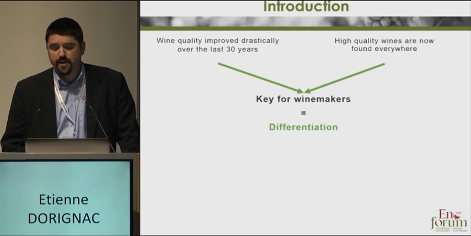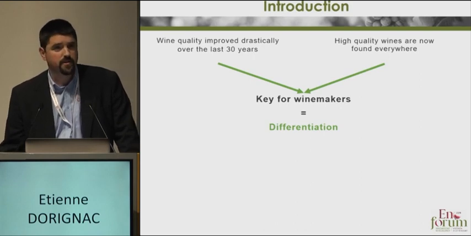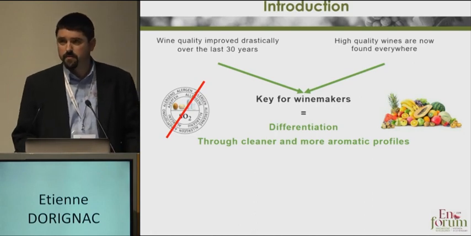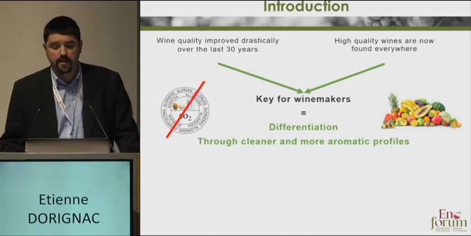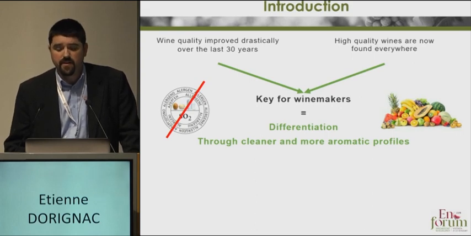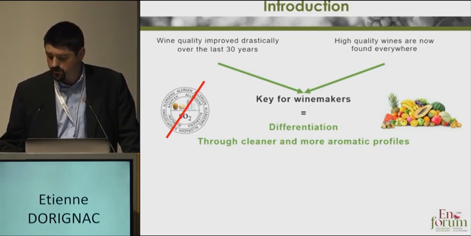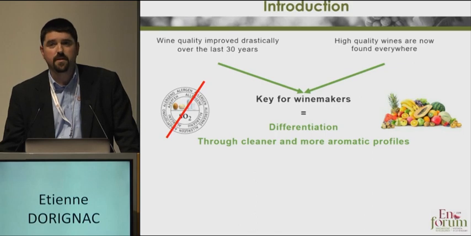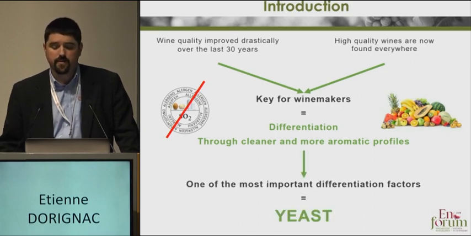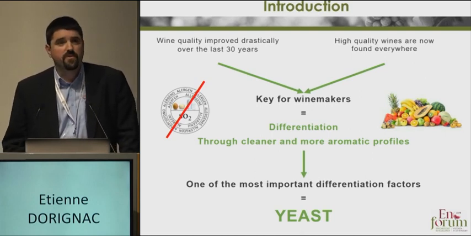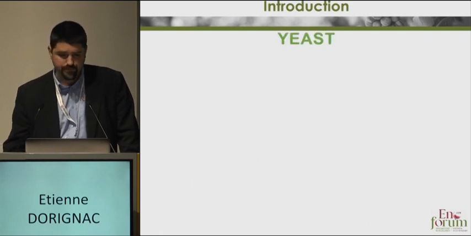And this differentiation follows customer trends: cleaner, so less allergenic, less alcoholic, so safer wines, and more aromatic profiles, mainly the fruitiness profile that is the customer's strength. One of the most important differentiation factors, at least for the fermentation, is the yeast and the selection of the yeast you do.